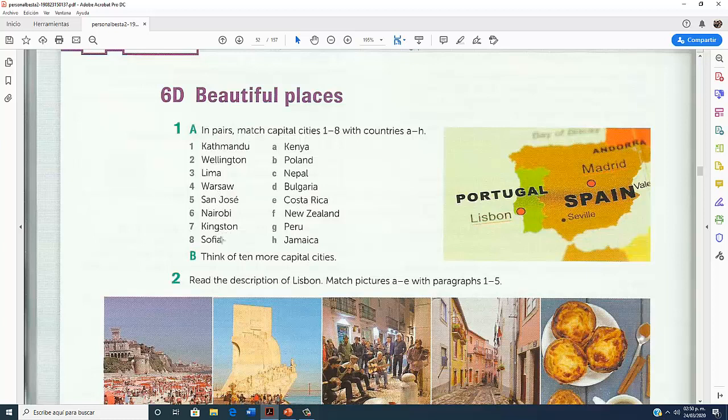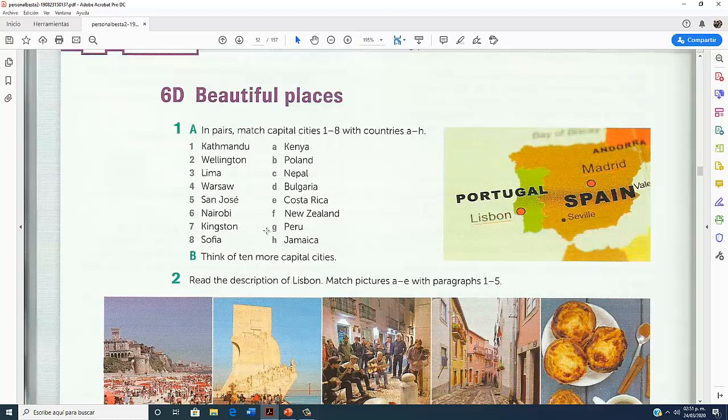Let's see. I know that San Jose is the capital of Costa Rica. I also know that Lima is the capital of our country as well. I also know that the capital of Kingston is Jamaica, and the capital, oh, so what am I talking about?